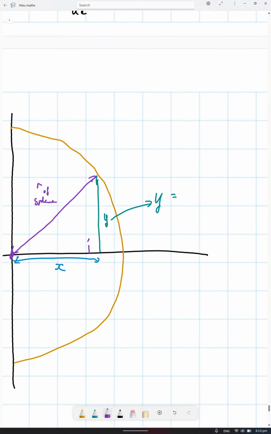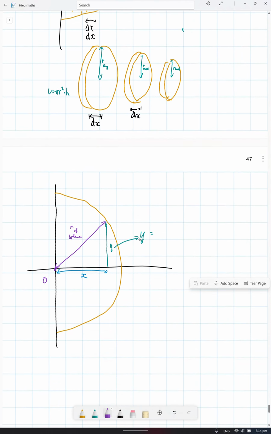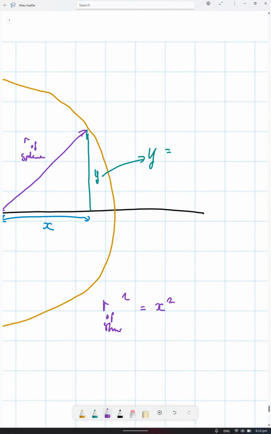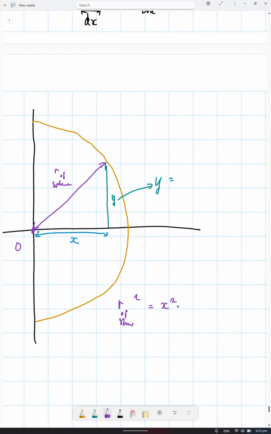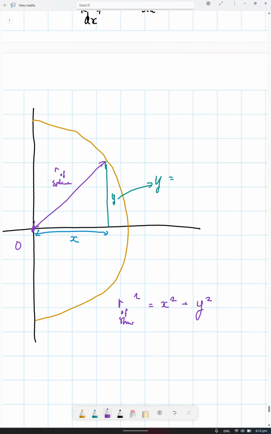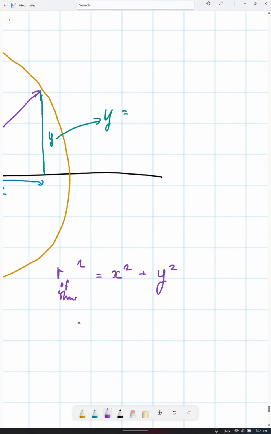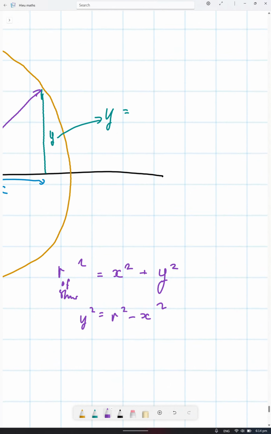So if we use Pythagoras' theorem, the radius of the sphere squared is equal to the x coordinate squared plus the corresponding radius at that point, which is the y value, squared. So if we rearrange this, y squared would be equal to r squared minus x squared. Let me just check. Yes, it is.